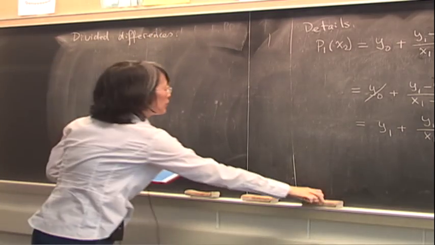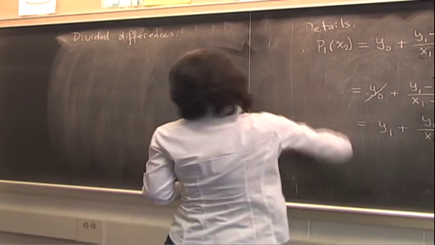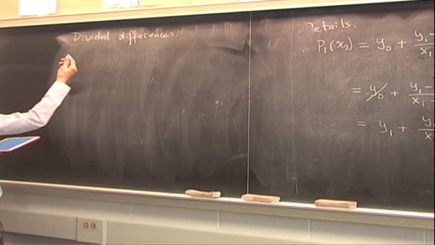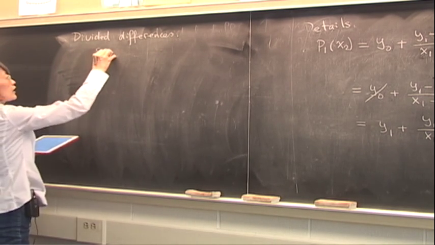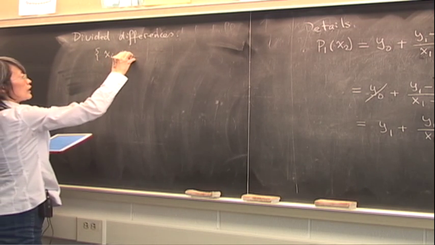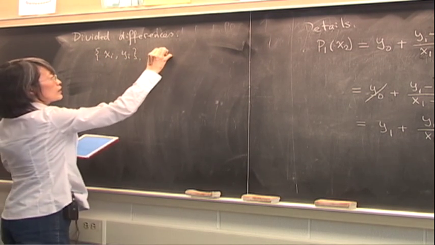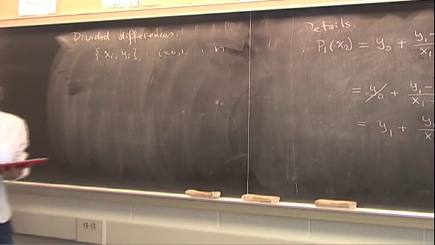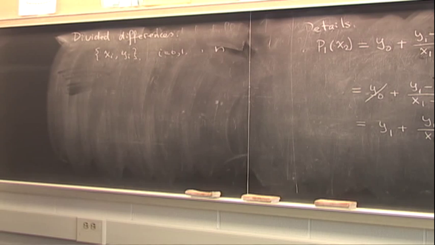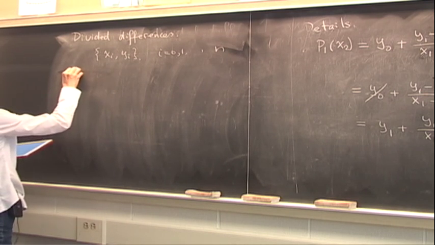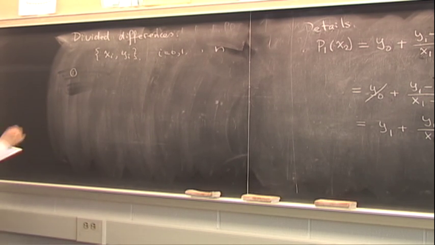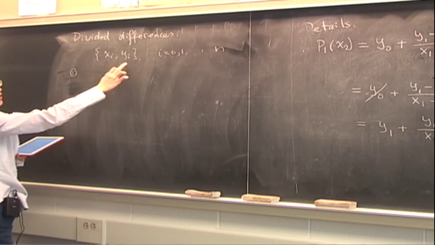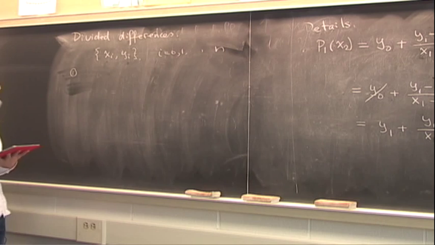Okay, how do we compute them? These are computed in an iterative way. So you have your data set, xi, yi, i from 0, 1 to n, and you want to interpolate it. We generate all these divided differences. Level 1 is the first level. We pretend these are data points of some function f, which we don't know.